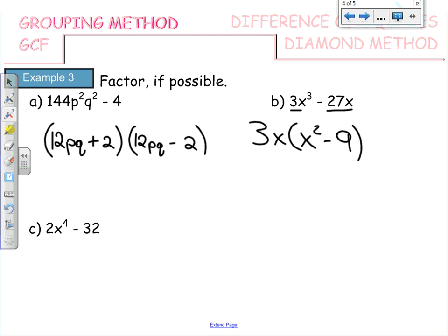So, Matthew, what's the difference of squares going to be? What if it was 3x cubed minus 27? Then you couldn't take the x out, right? So it still wouldn't be a difference of squares. 3x brackets x plus 3. Perfect.